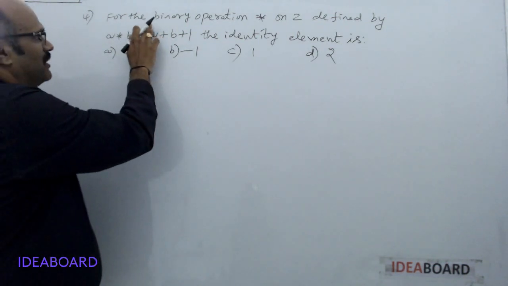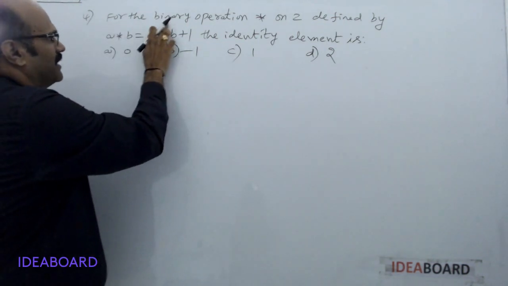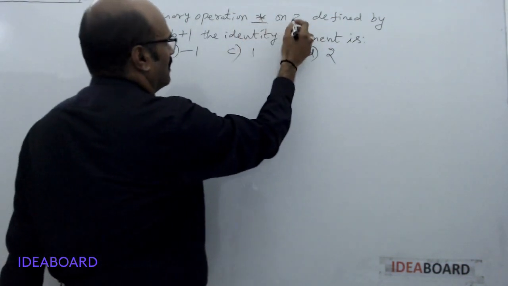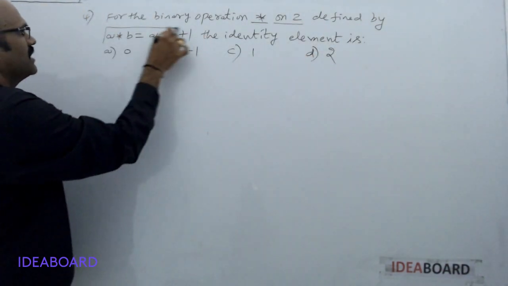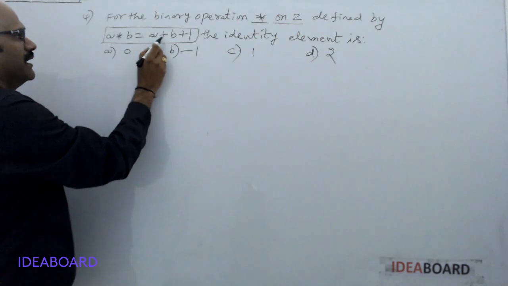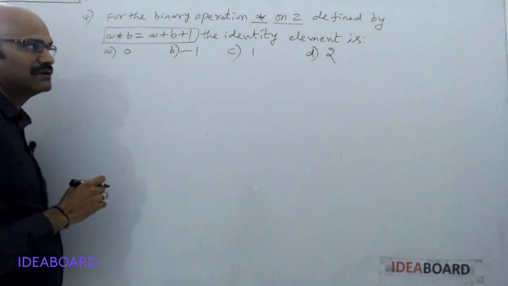For the given problem, the binary operation star on set of integers is defined by A star B equal to A plus B plus 1.